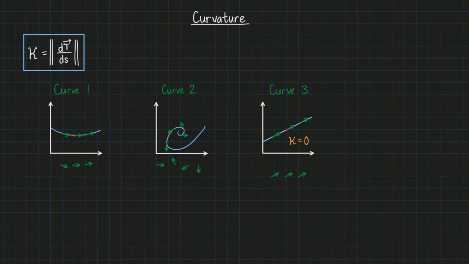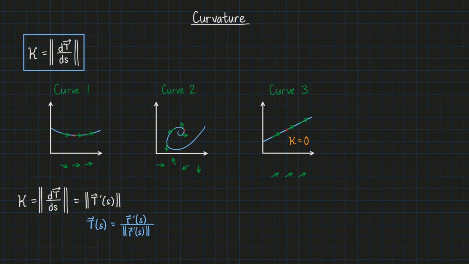Let's talk more about the initial formula we're given. Curvature equals the magnitude of dT/ds. In Lagrange notation, this is the magnitude of T prime of s. The unit tangent vector is r prime over its magnitude.